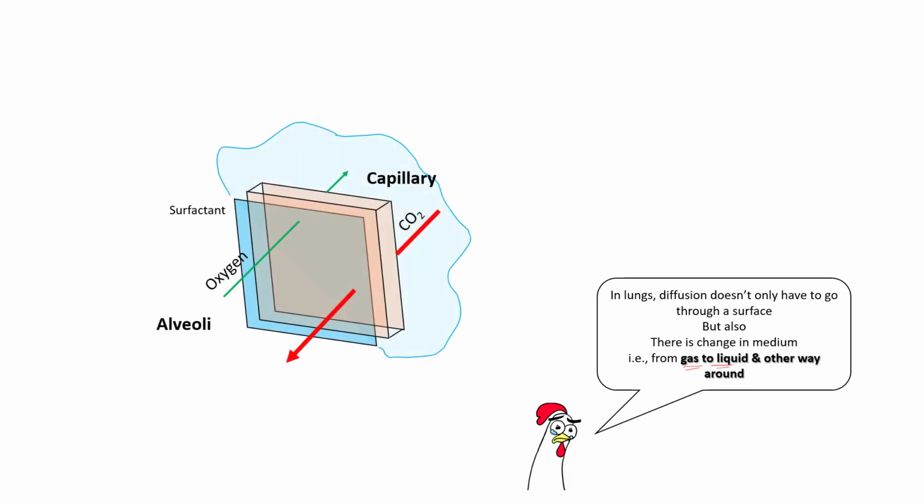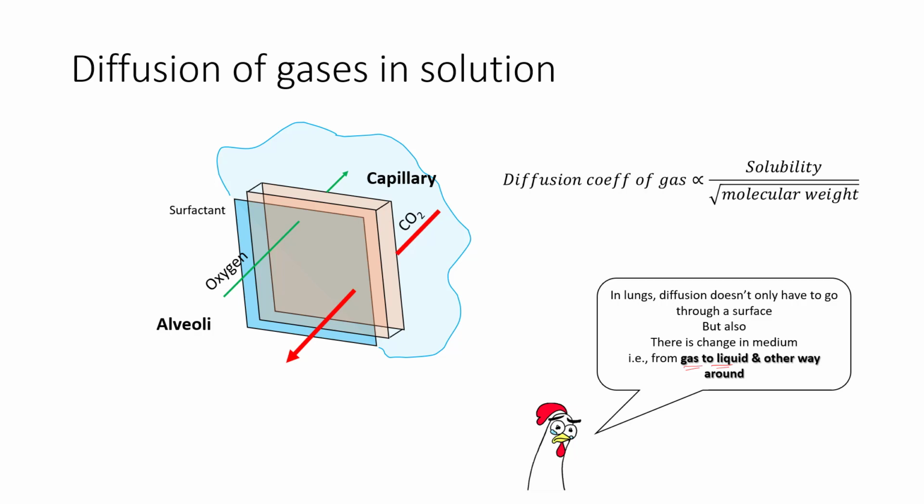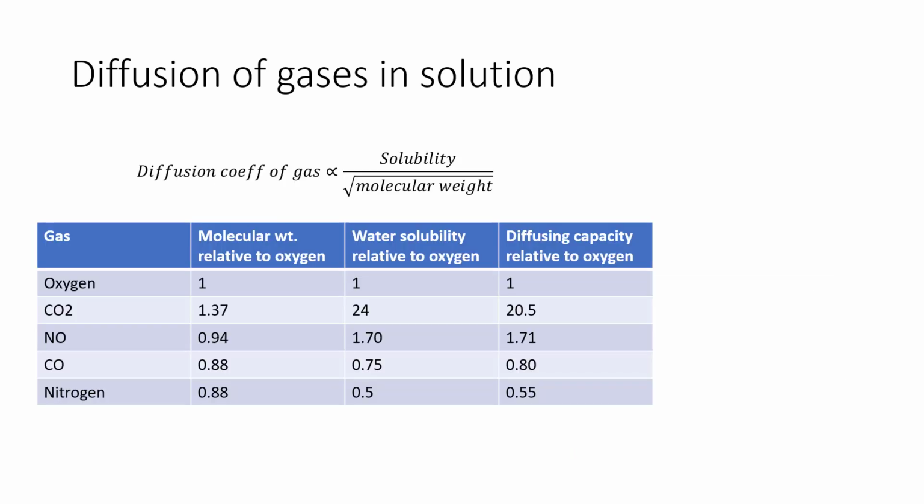However, in the lungs, the diffusion doesn't only have to go through a surface, but also has to change media. That is, it has to go from gas to liquid or from liquid to gas. So this complicates things a little bit. However, the diffusion capacity of a gas depends upon the solubility of the gas in the liquid media divided by the square root of molecular weight.